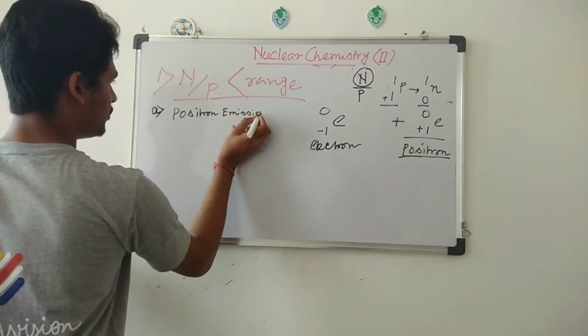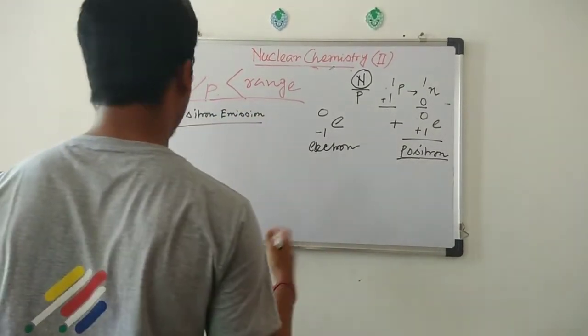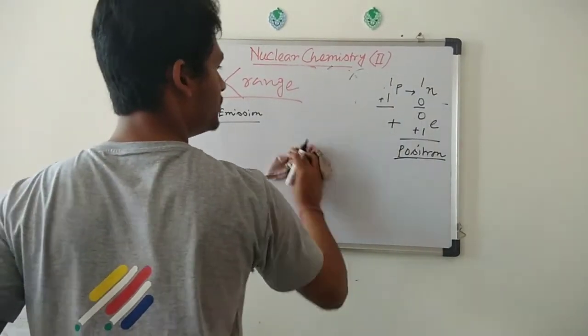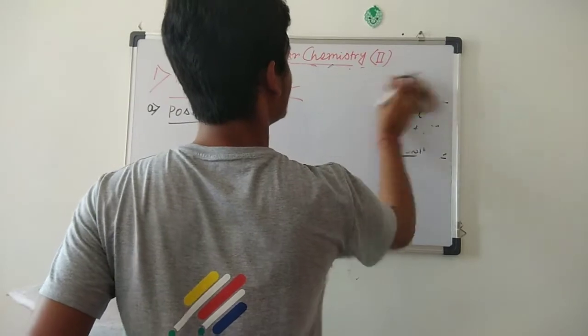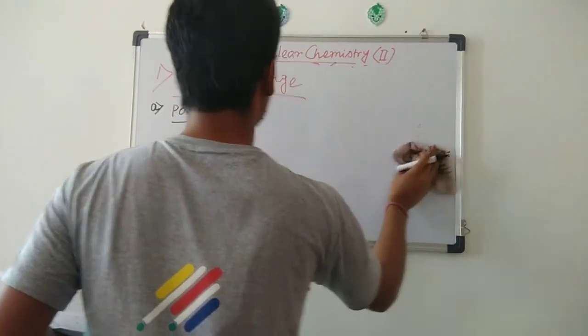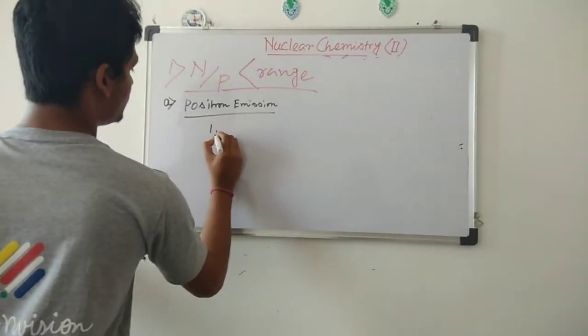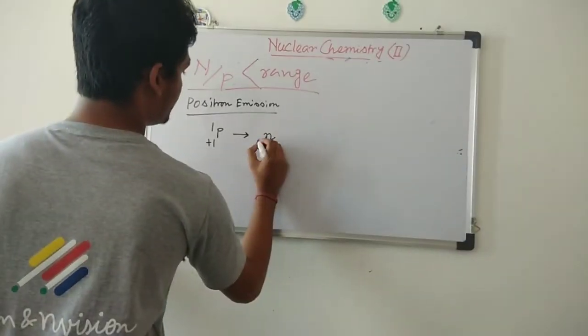I am not writing all the things again and again, erasing and discussing. I will write one and discuss. So let's come to the positron emission. I already told you, one proton will transform into one neutron.